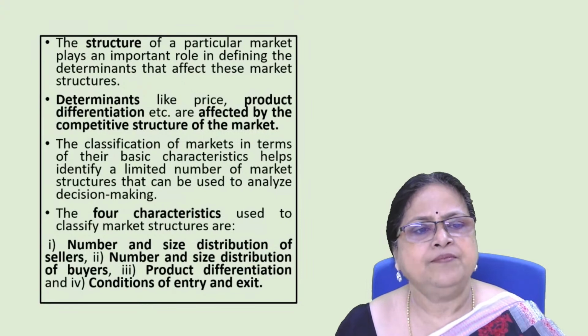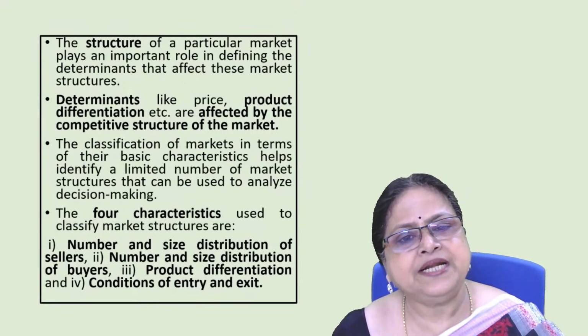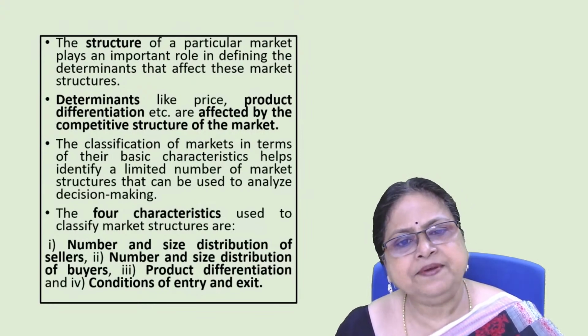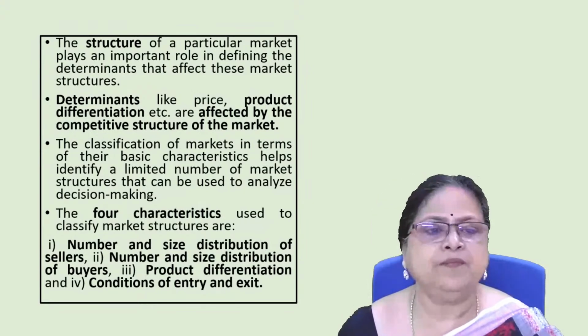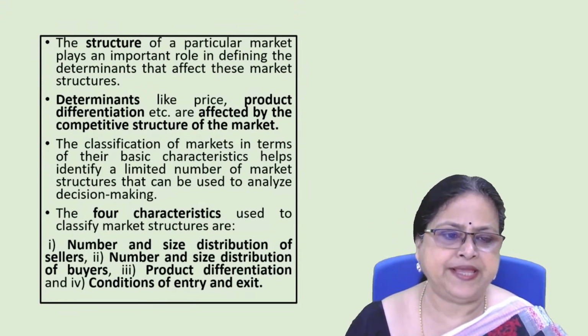Determinants like price and product differentiation are affected by the competitive structure of the market. The classification of markets in terms of their basic characteristics helps identify a limited number of market structures that can be used to analyze decision making.